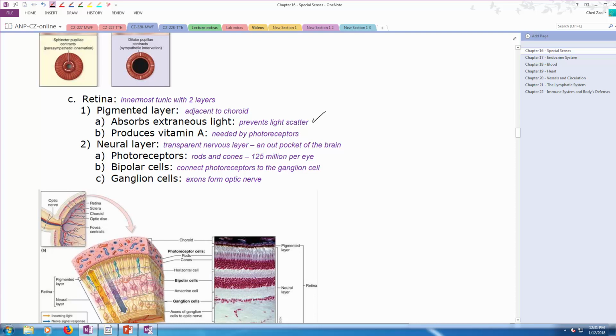The other important thing about that pigmented layer, it is the layer that produces vitamin A. And vitamin A is absolutely essential for healthy photoreceptors, healthy rods and cones. So that's why your parents tell you, eat your vegetables or your fruit, because vitamin A comes from what's the fruit source or vegetable source that we need to ingest in order to have adequate amounts in our diet.